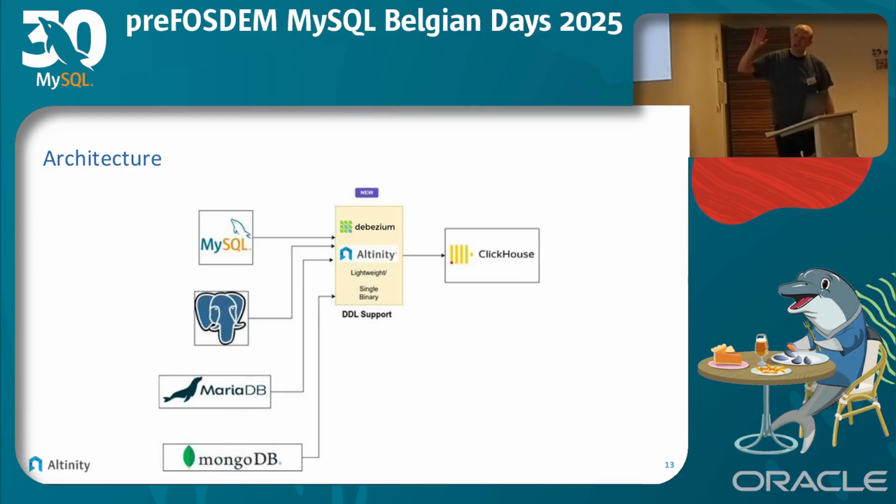Architecture. So I said Debezium allows you all kinds of sources. In the middle, you have this container that runs Debezium, but also this Altinity component, which is a Java program. So the flow of information will be the MySQL binary log shipped to and decoded by Debezium, which registers as a replication client.